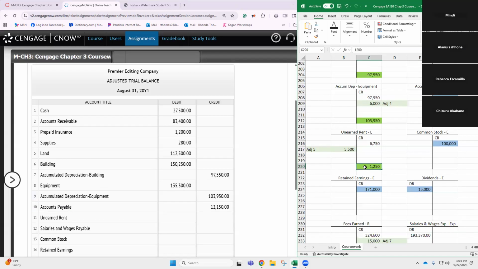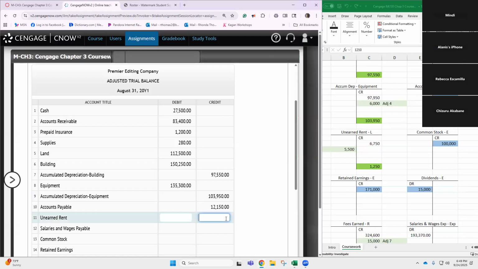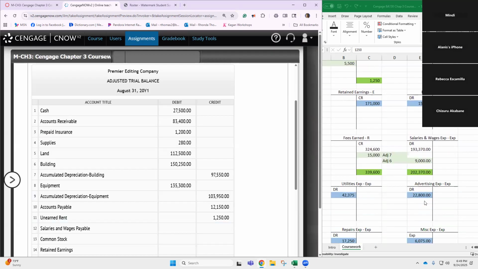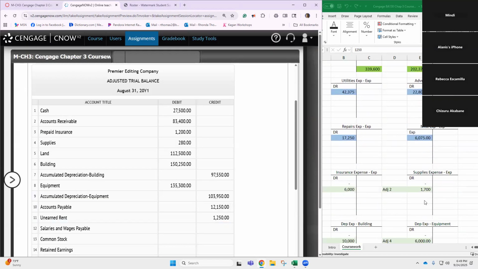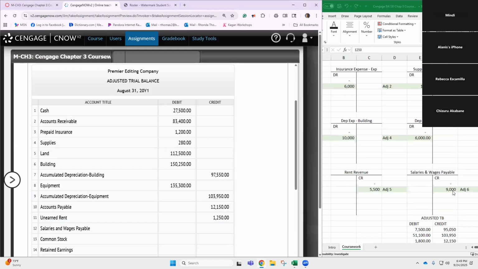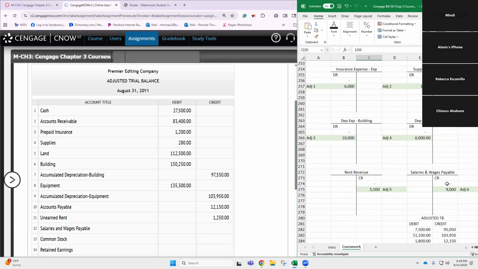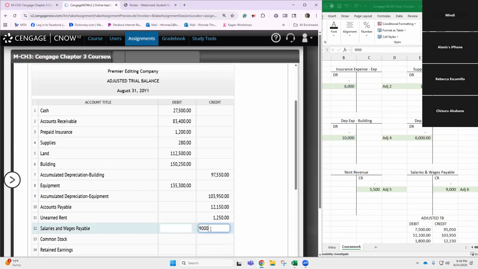So now we have an ending balance in this liability of $1,250. Our salaries and wages payable, I put right next to the other payables so that you could find them together. You had nothing in it to begin with, but now you have a balance of $9,000. So let's put $9,000 in as a credit.